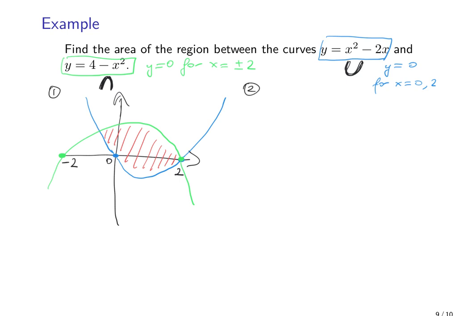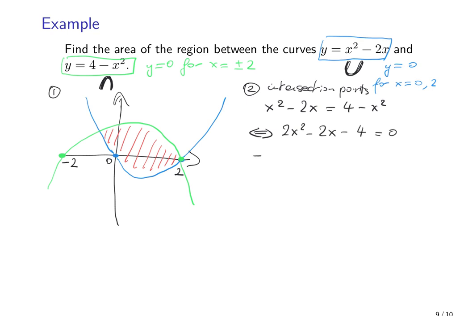Step 2 is finding the intersections. Let's do that with some algebra. For that, x squared minus 2x has to be equal to 4 minus x squared. If we set f of x equal to g of x, in other words, 2 times x squared minus 2x minus 4 is equal to 0.